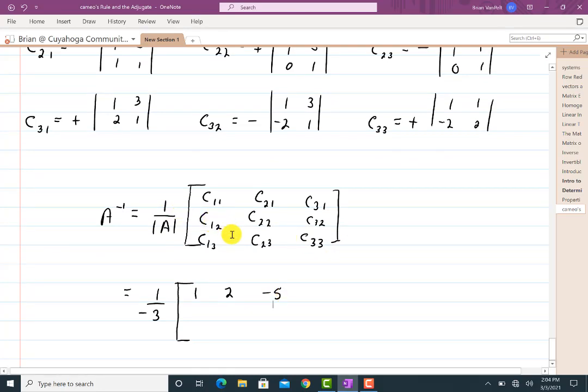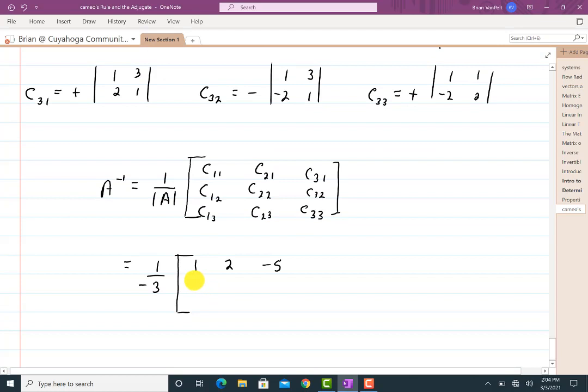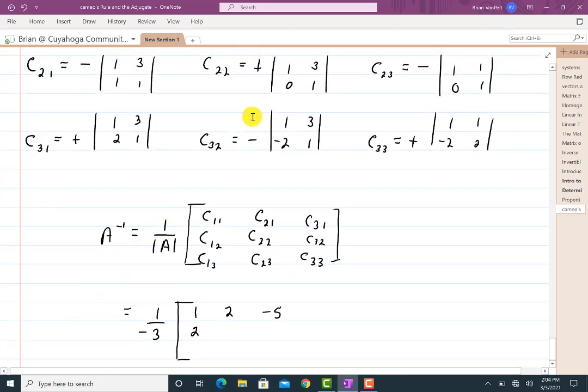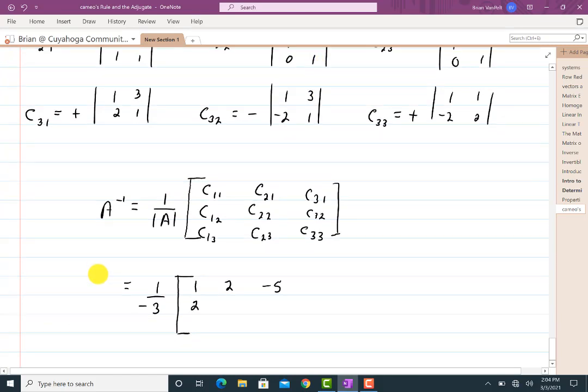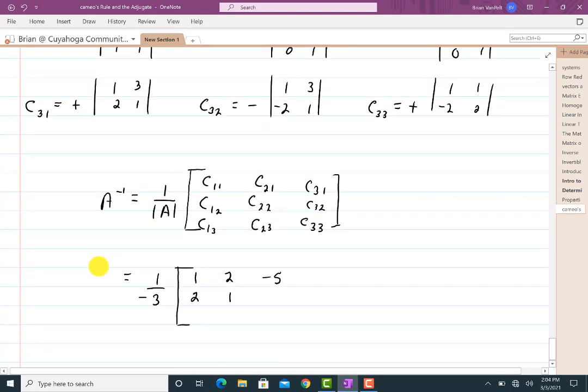And now let me move on to C1,2. There's a negative in front of there. Here I get negative 2 times the negative and make that a positive 2. C2,2, 1. C3,2, negative 1 plus 6, so that's negative 7 there.